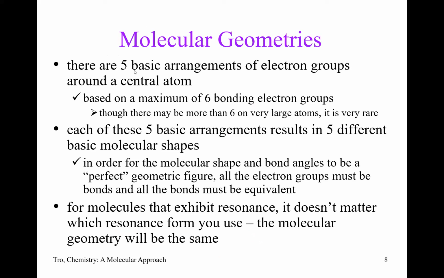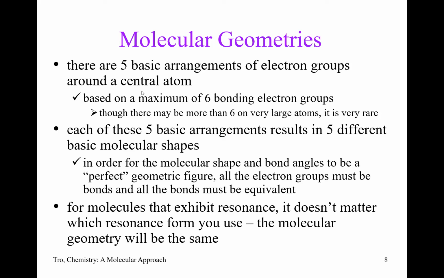There are only a couple of different ways to arrange these, because in organic chemistry you only have 4 atoms around a central atom, since carbon only forms 4 bonds. There are the expanded octet situations, and we'll do a few of those, but most of this is setting you up for organic chemistry.